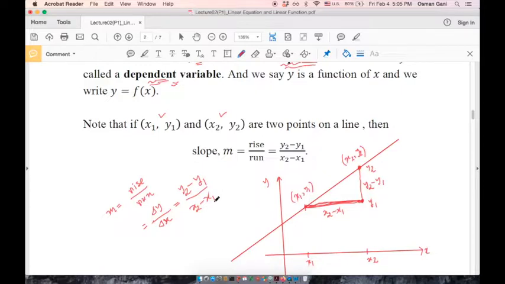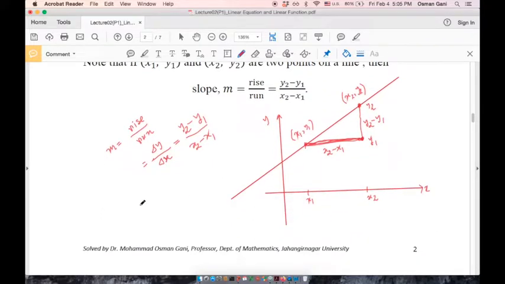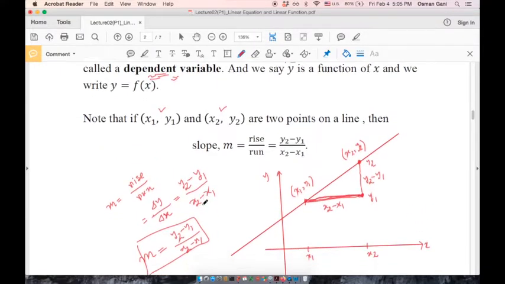So this one we can use as a formula. If you know two points on the line, then you can calculate the slope of that line. By using this formula, we can calculate the slope of a given line.